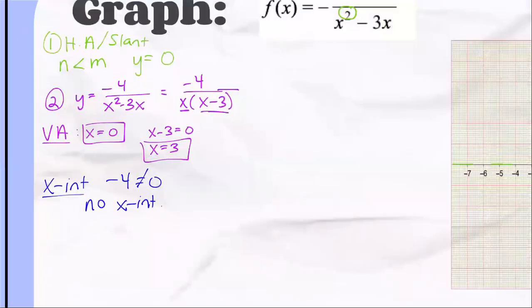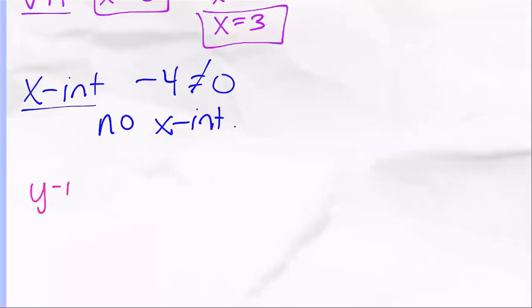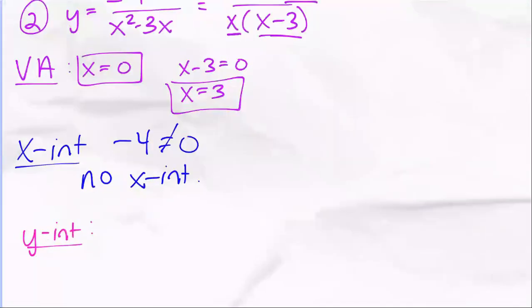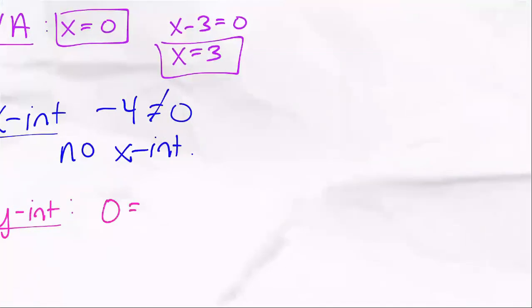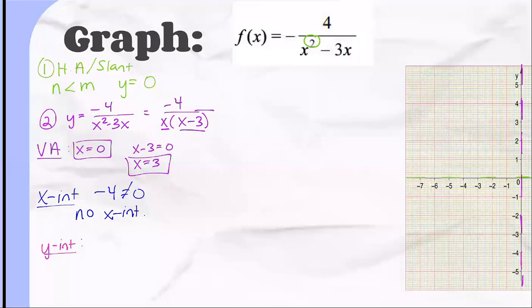All right. Then let's go ahead and calculate the y-intercepts. All right, so for my y-intercepts, I'm going to set my y equal to 0. Or sorry, my x equal to 0.